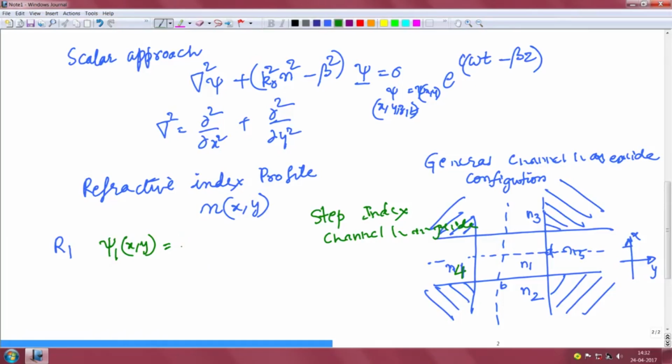So, in the region 1, a1 sine of kx, I will define all these constants as we go along, into x plus some arbitrary constant psi, multiplied by one more oscillating field ky into y plus eta.